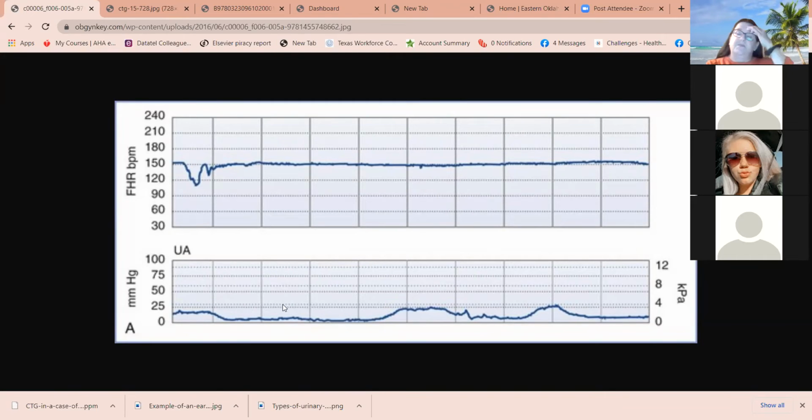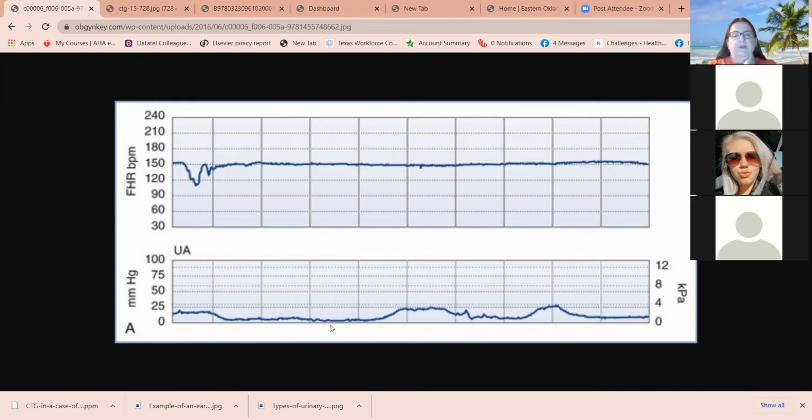These are about 5 minutes apart. So you could say 2 to 5. Okay, you can give a wide range. 2 to 5 minutes apart. They're lasting how long? 60 to 90 seconds. I'm going to want to palpate these for resting tone and strength.